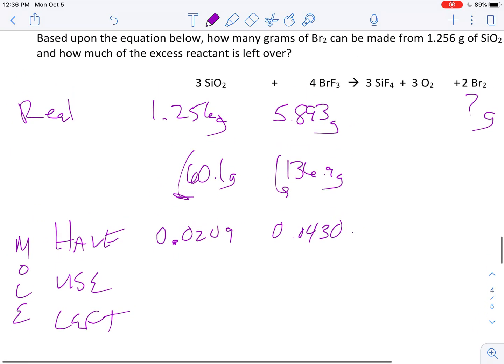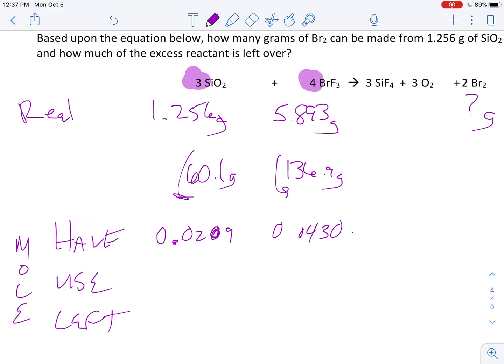All right, so they're pretty close to each other, but it's a 4-to-3 ratio. I'm going to guess that the silicon dioxide is the one that I'm going to run out of first. It looks to me like I don't have enough of that, just by kind of guesstimating math in my head.